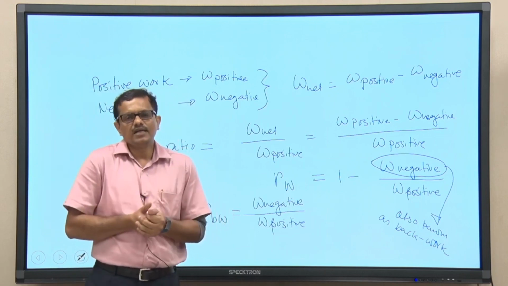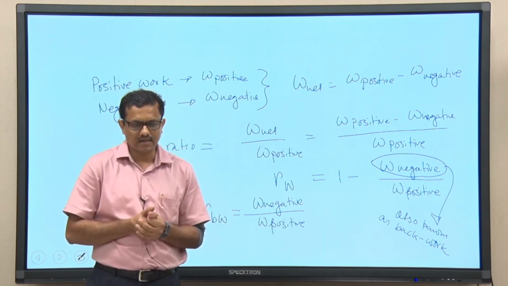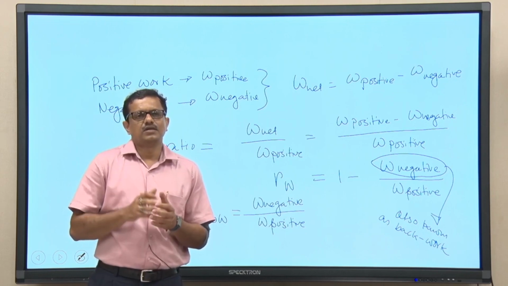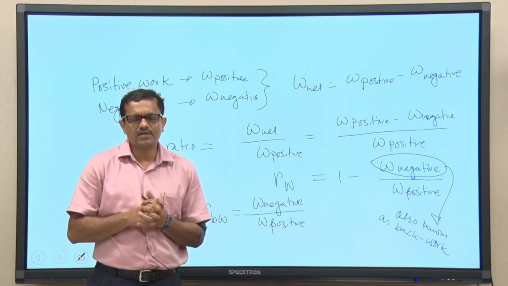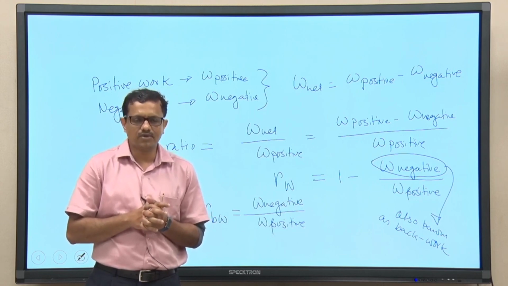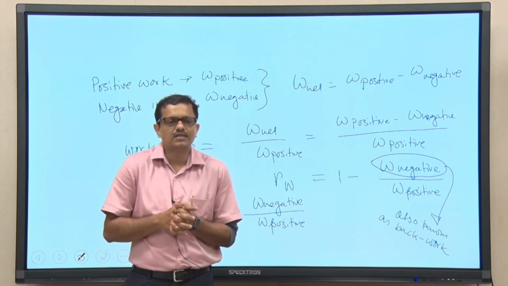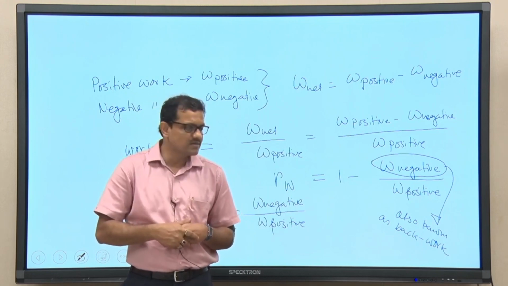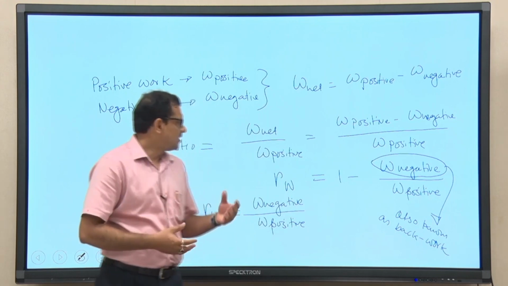So, the ideal vapor cycle should be the Carnot vapor cycle. We have discussed that the Carnot cycle comprises two reversible isothermal and two reversible adiabatic processes.